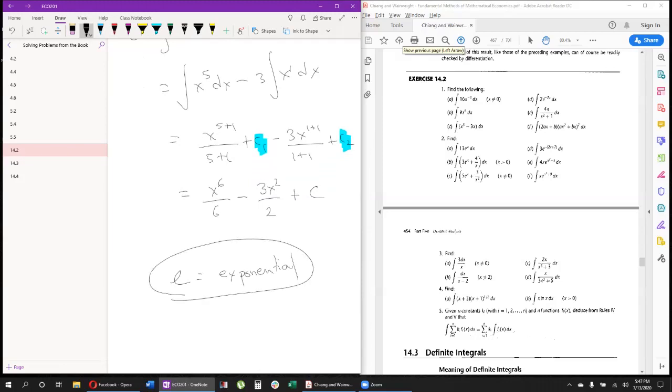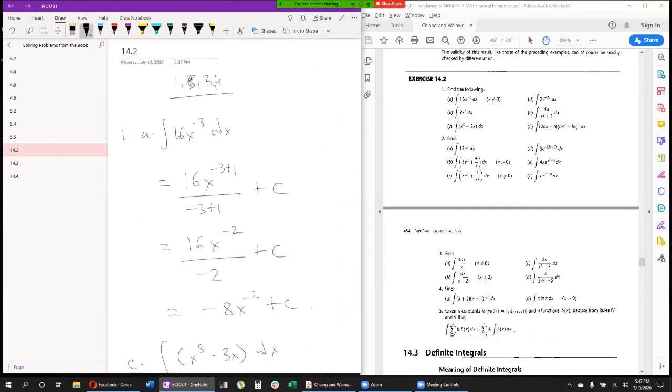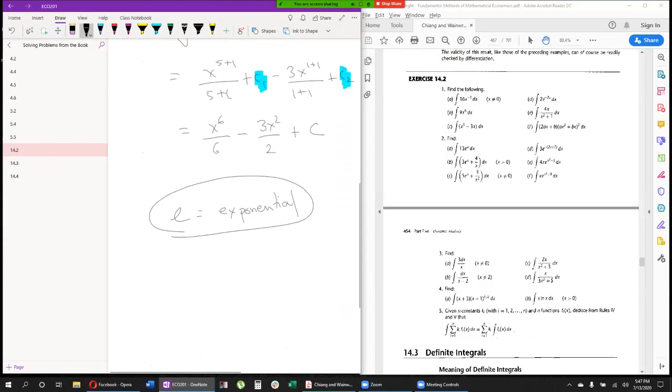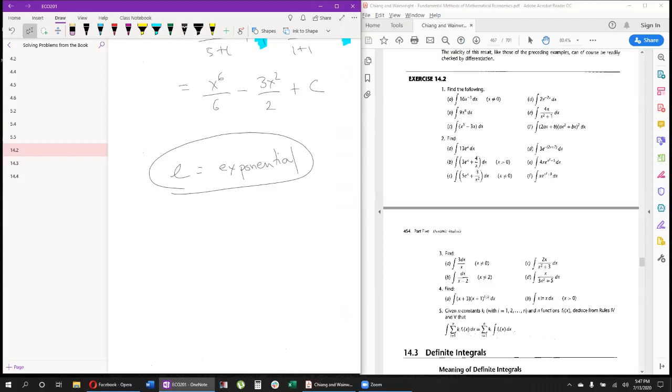For example, question 1, part D has an e there. All of number 2 has e. So let me cross 2 off. Whenever you come across the exponent, just ignore that problem. That's not part of your syllabus. So we don't have 2 then.